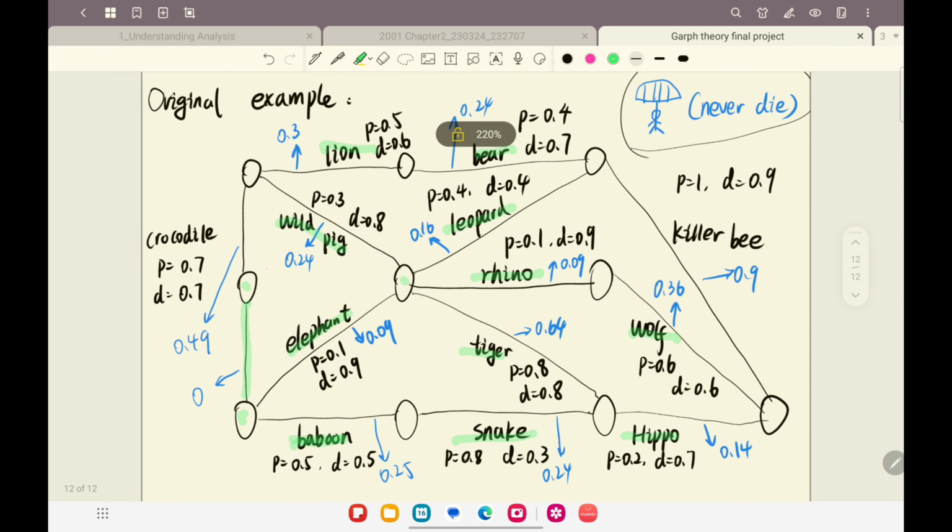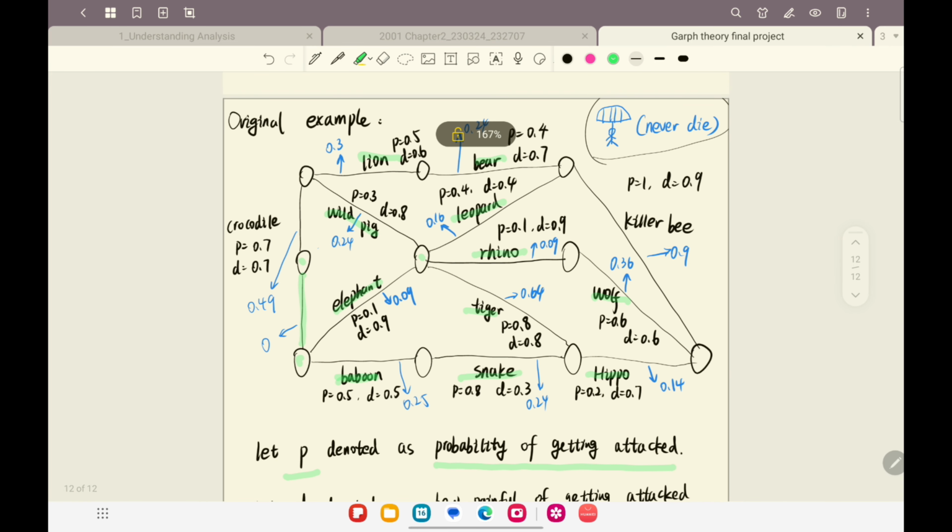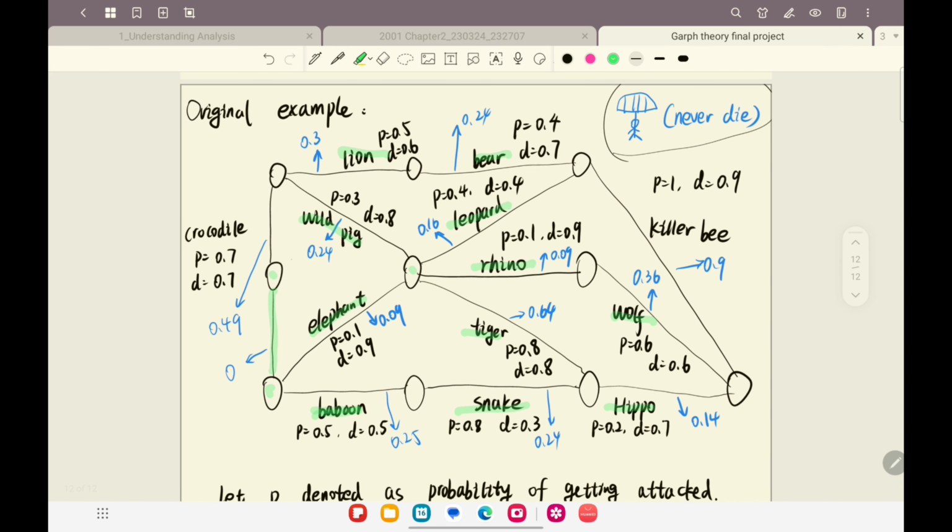So let's do it. We can choose this one first. It's 0.